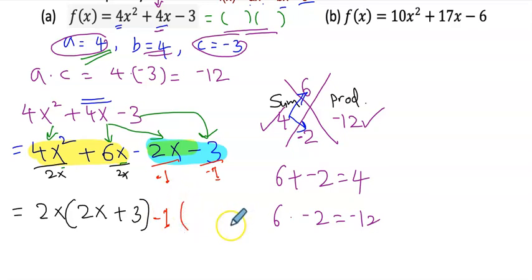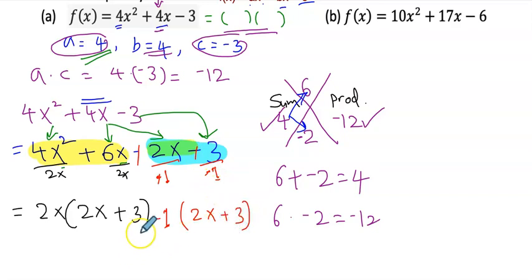Alright. Now, I got negative 1 out here. So, what is negative 2x divided by negative 1? Minus and minus cancel out. You still have 2x. And again, in this case, negatives cancel out. Plus 3.